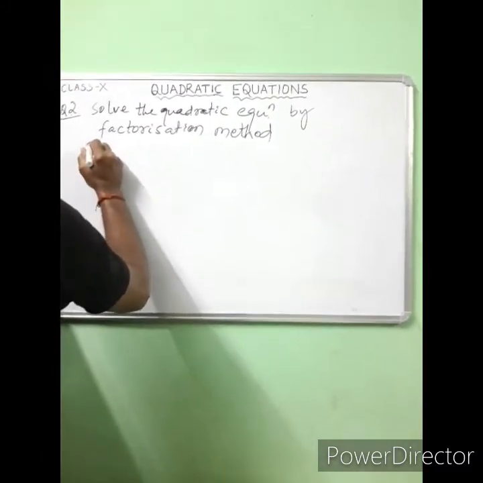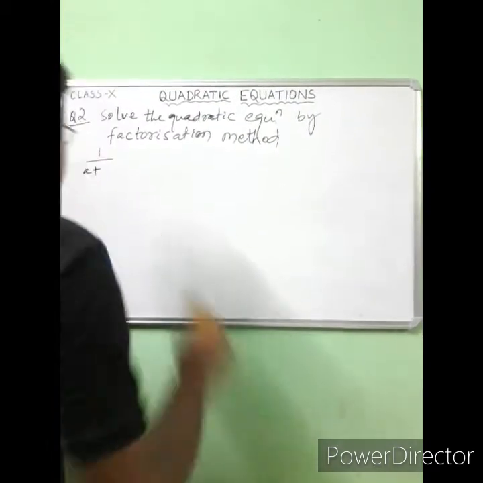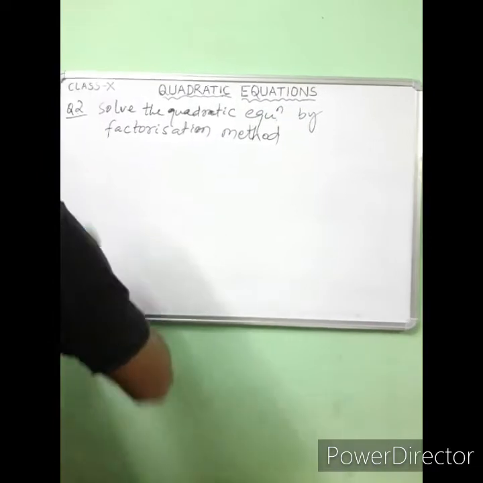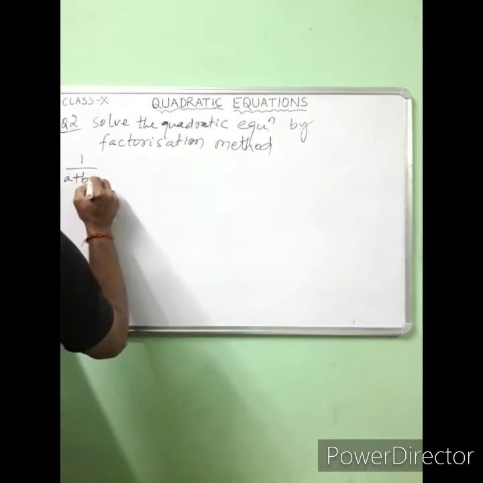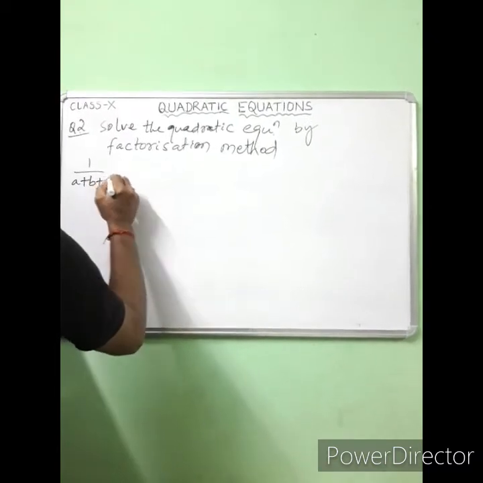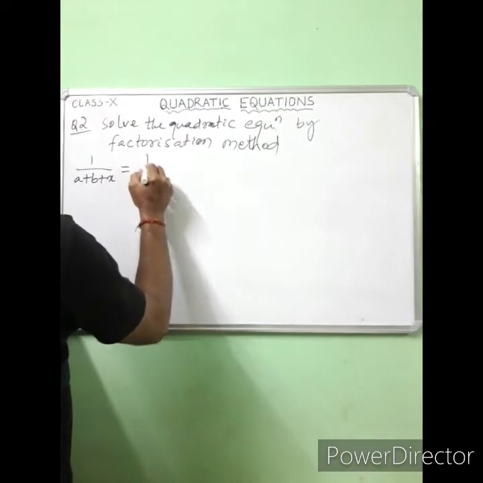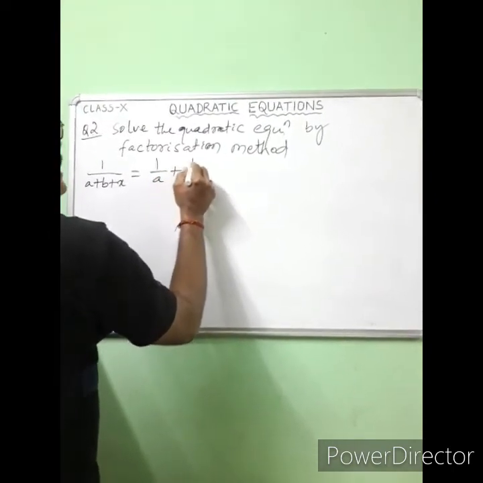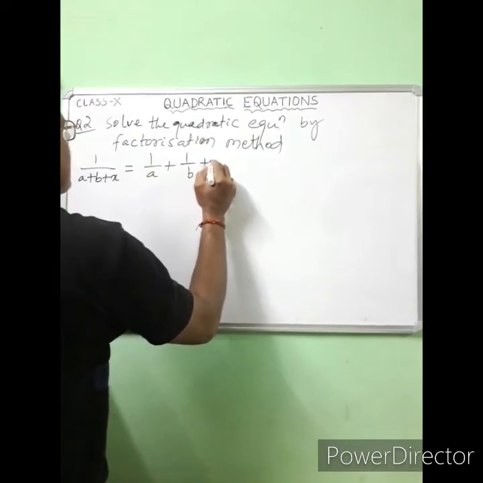The question is 1 by (a plus b plus x) is equal to 1 by a plus 1 by b plus 1 by x.